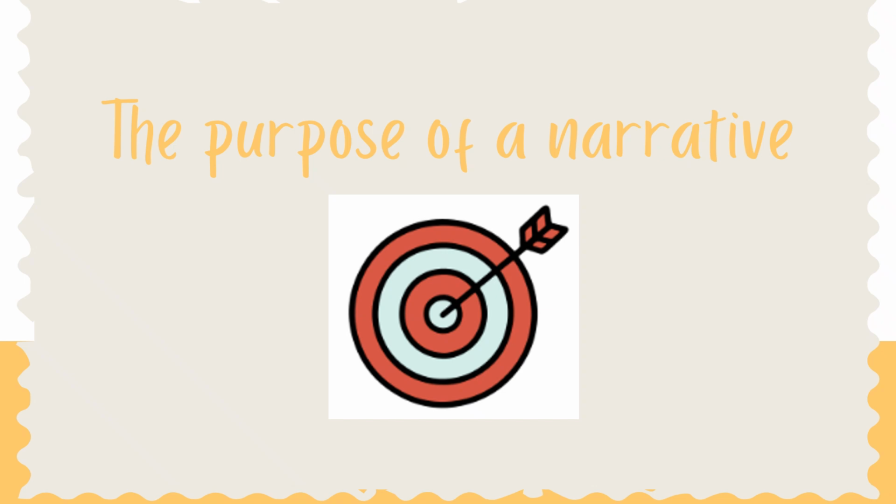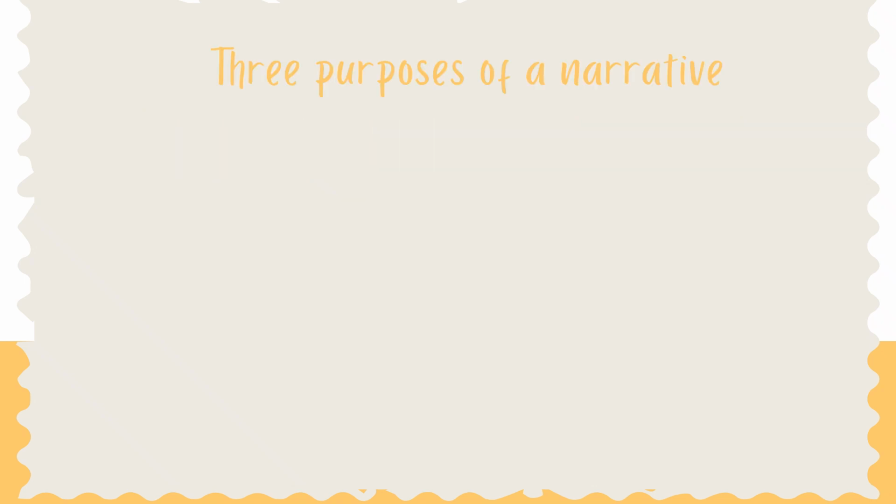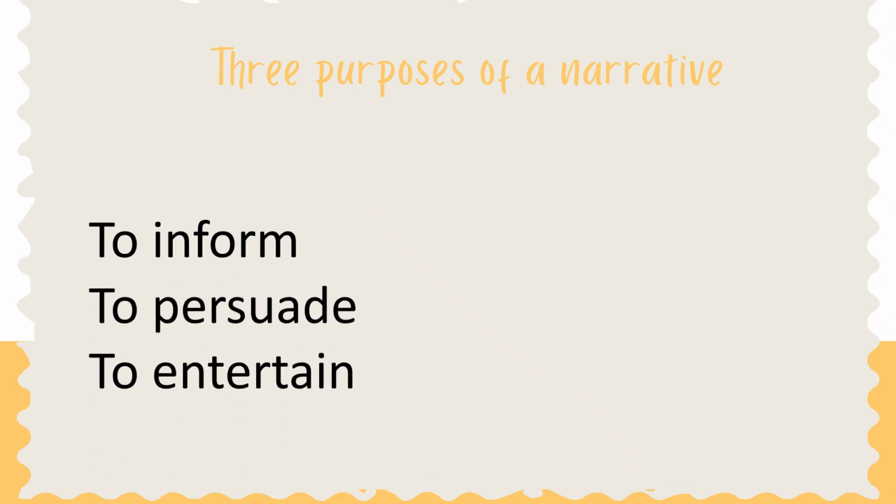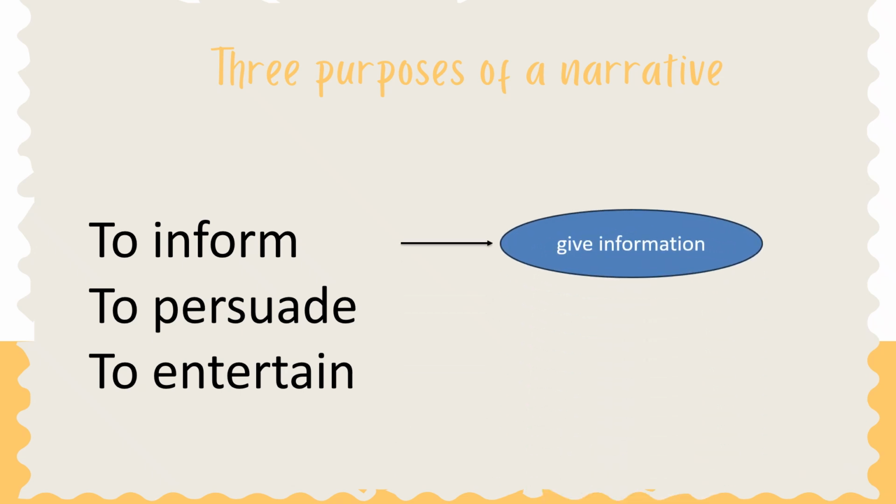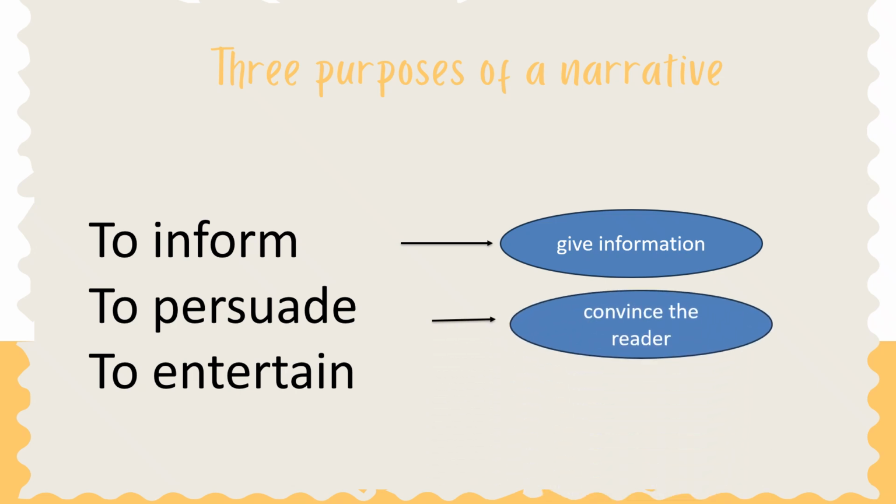Now let's talk about the purpose of a narrative. There are three purposes of a narrative: to inform, to persuade, and to entertain. To inform, literally, is to give information. To persuade is to convince the reader.